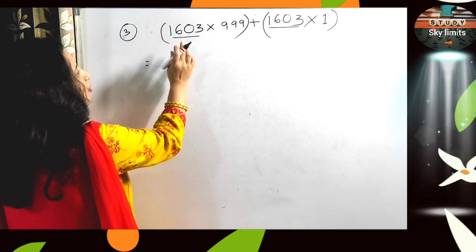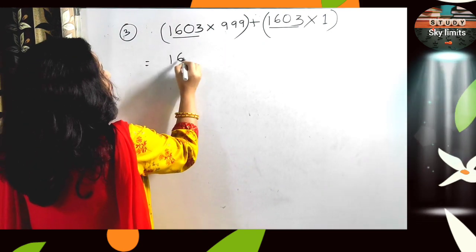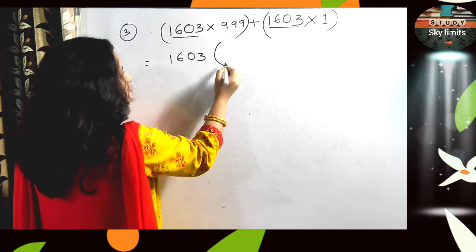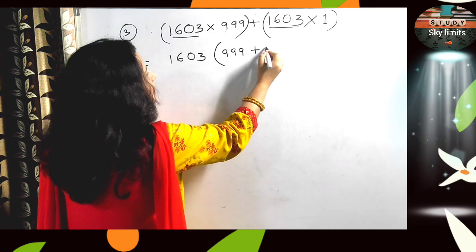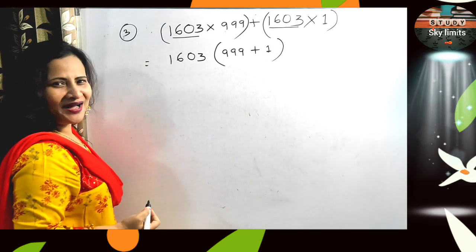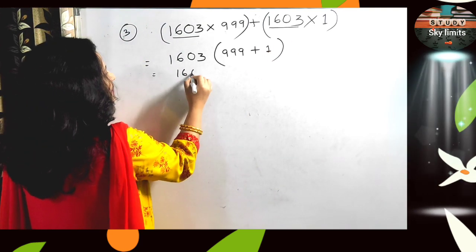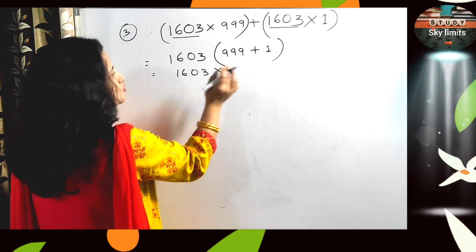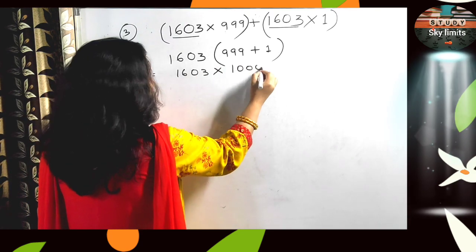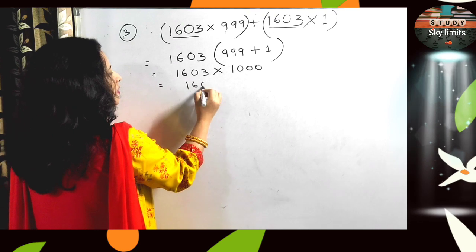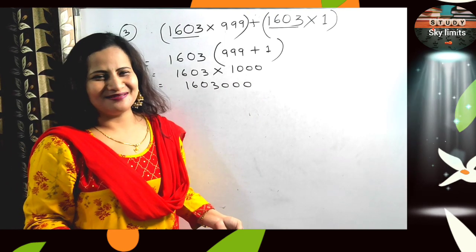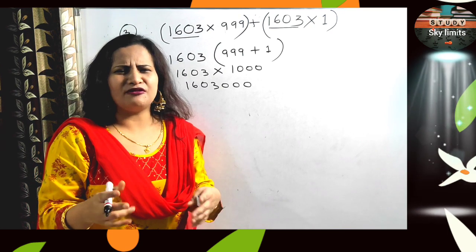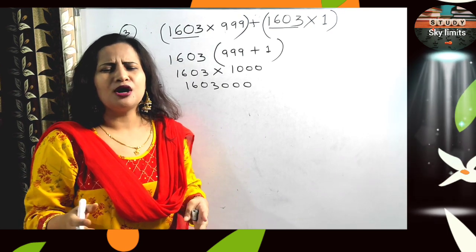So now we have got the common number 1603, which is first multiplied by 999, then multiplied by 1. And see, the multiplication becomes so simple. Easily, orally, you are able to get the answer. So these are various ways by which you can use the distributive property for solving the numbers.